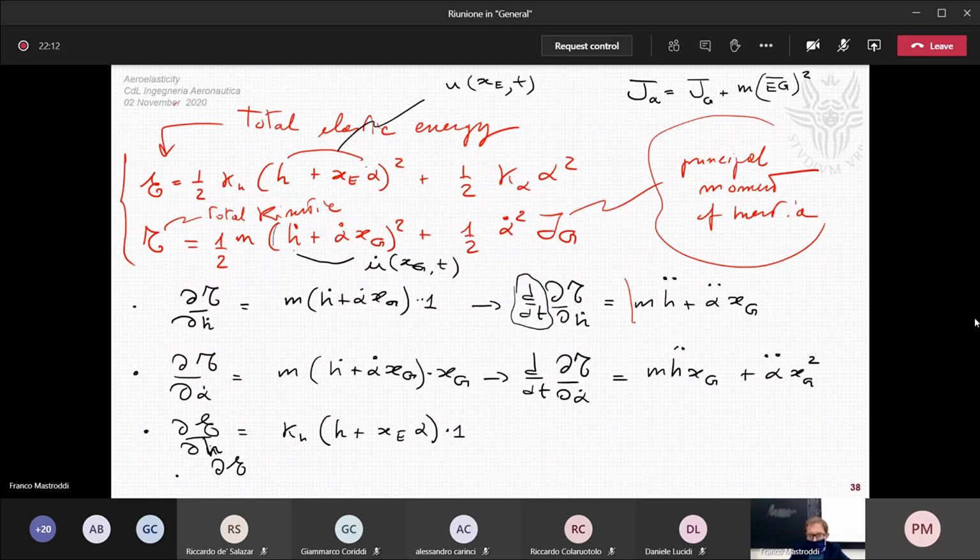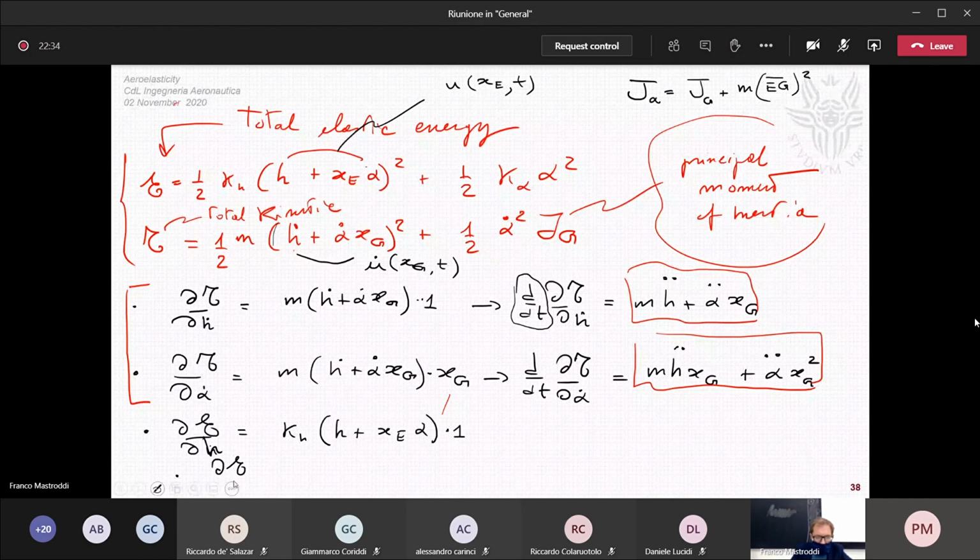And then we did the same for this quantity, so obtaining this, and finally we did the same with the elastic energy, first deriving with respect to h here, and then deriving with respect to alpha.